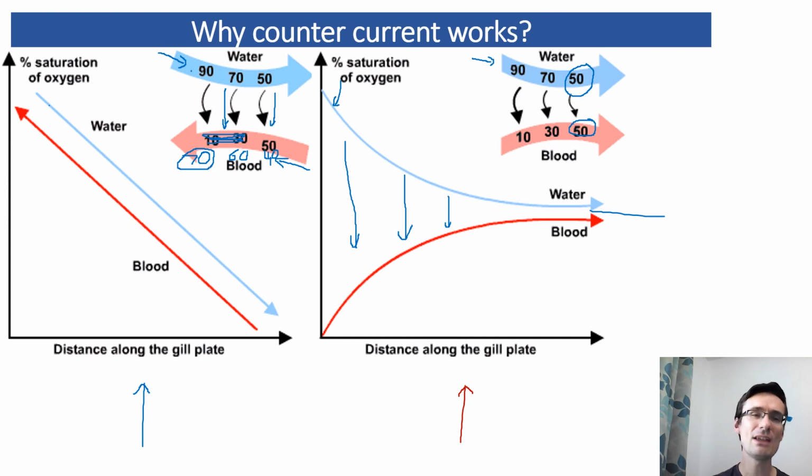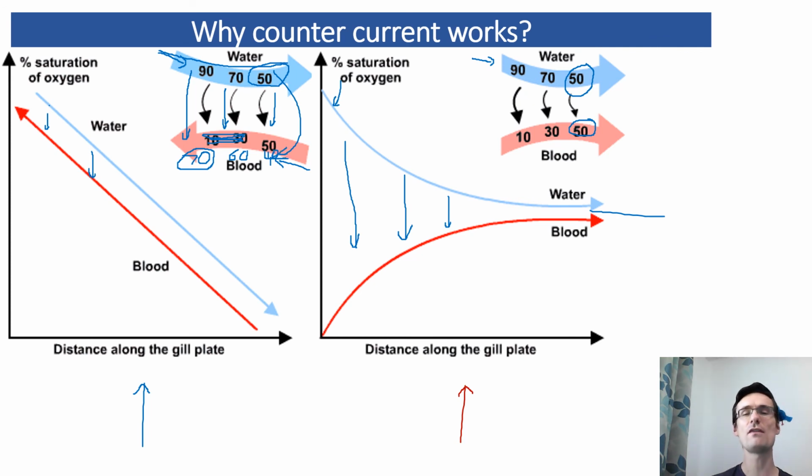But because you're meeting fresh water that's still got nearly 100% oxygen in, it's still moving across. So it maintains the diffusion gradient because the oxygen in the water is always a lot higher than the oxygen in the bloodstream. Even once the water has almost passed across the lamellae and we've got low levels of oxygen here, it's still going to be more than in the blood, so it will still diffuse across.